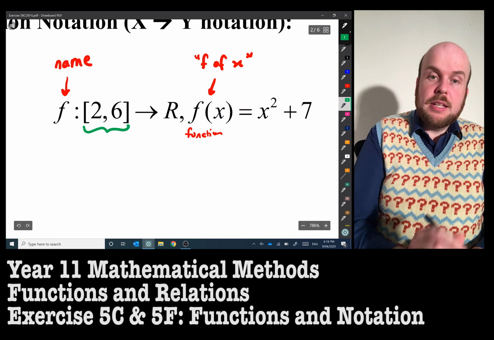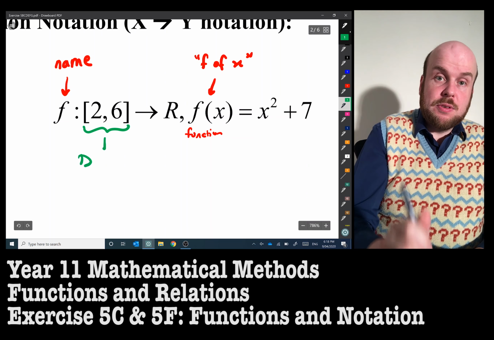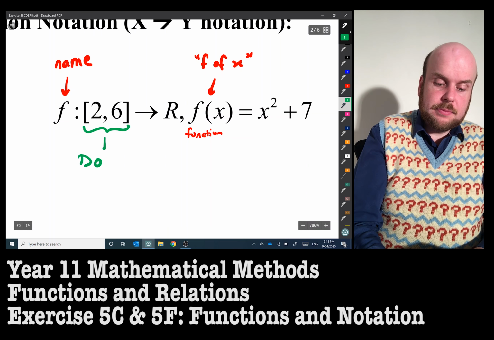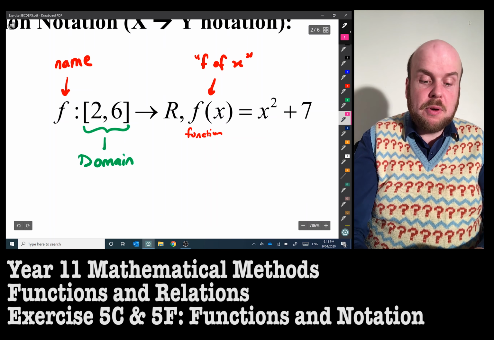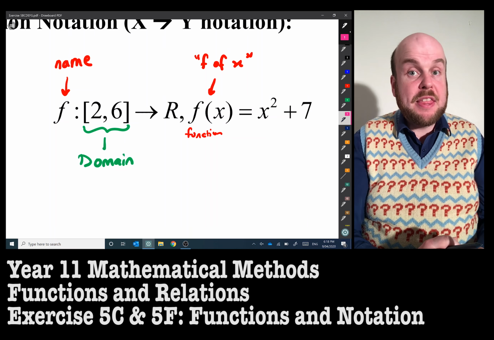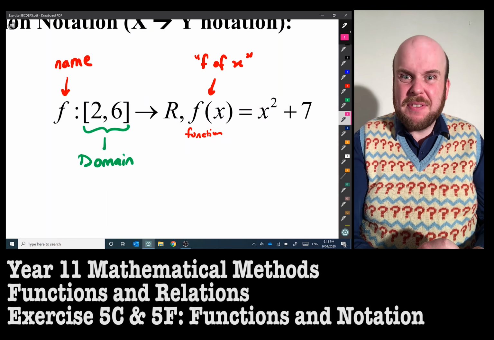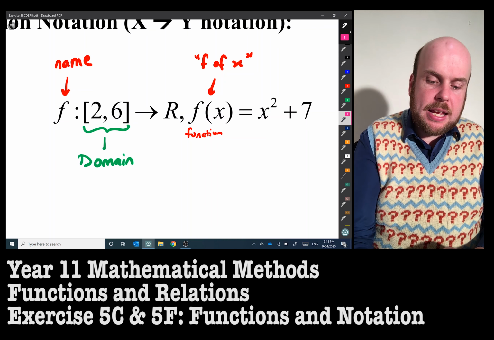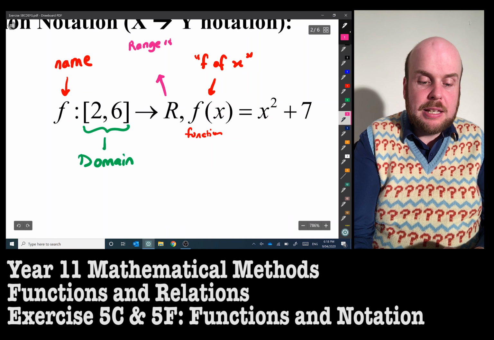The little 2 to 6, well, that's the domain that we are using. Now you might think, quite rightly, that the arrow to R would imply that that's the range. Actually, it's not as simple as that. What it's saying here is that all of the y values, or the range, is a subset of this value.